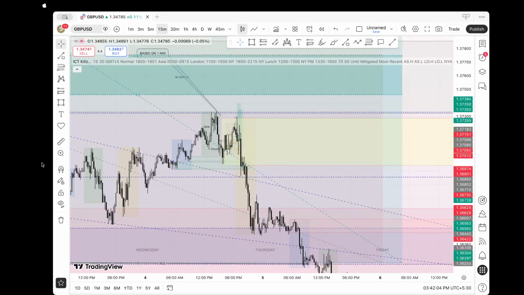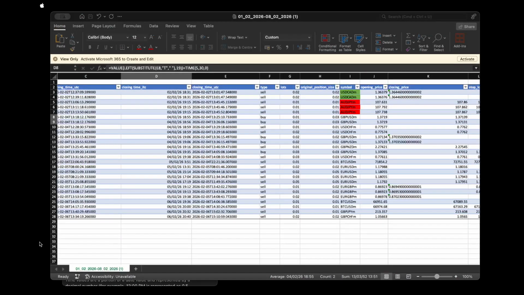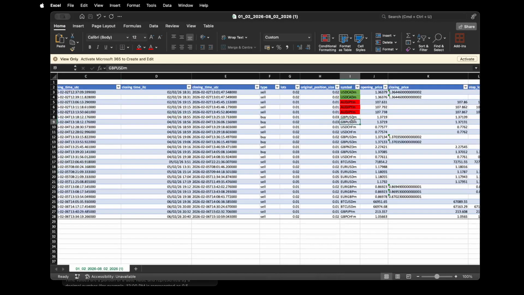GBP, if I will rate this trade on my Excel, then this was a major, I would say, mess up. This was a good sell trade that would have made us huge profits.